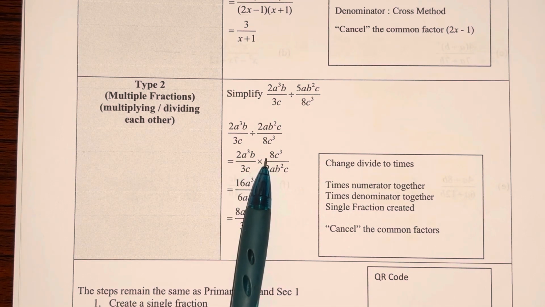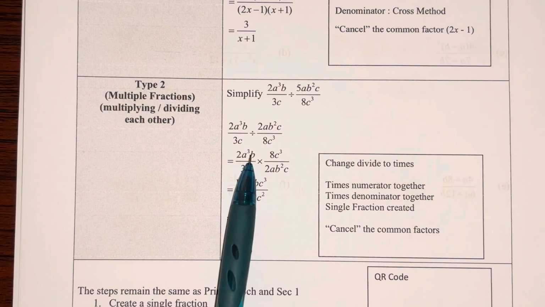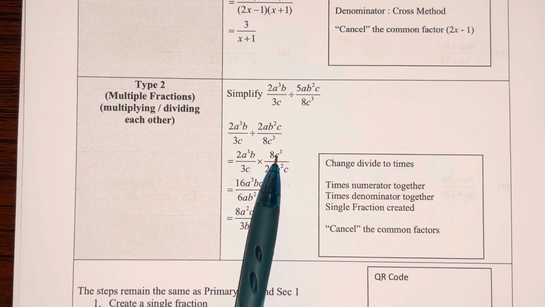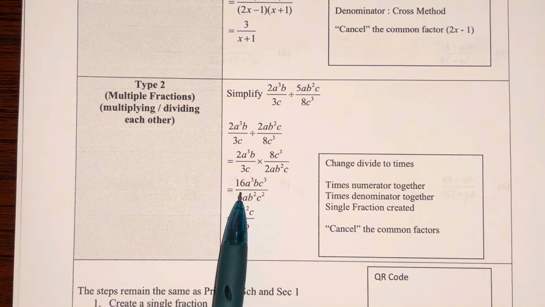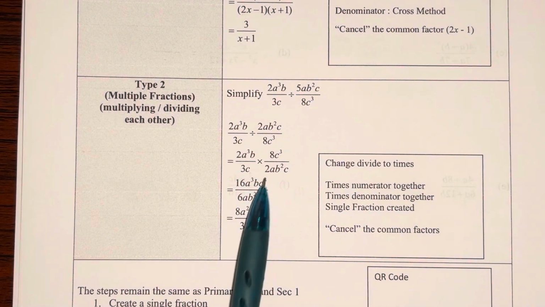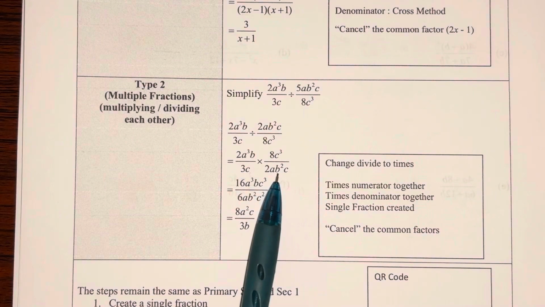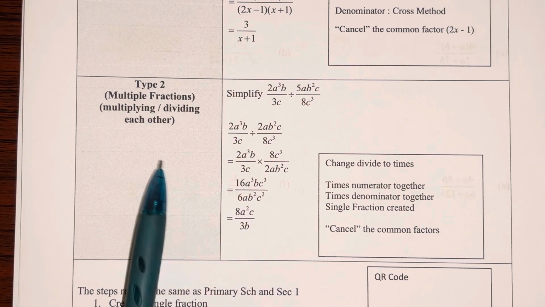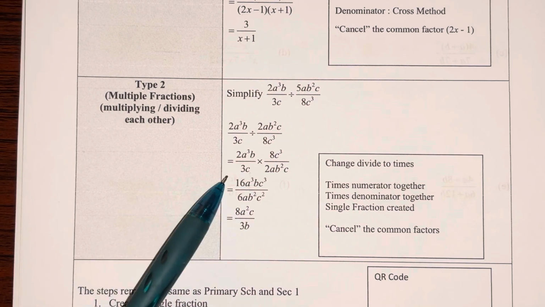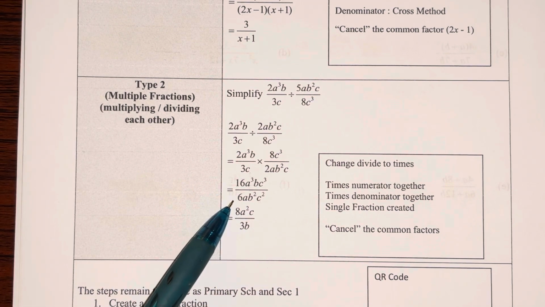So 2 times 8, 16. A times nobody, still A cubed. B, nobody to times, still B. C cubed, still C cubed. For the denominator, 2 times 3, 6. A is still alone, still A. B squared still alone, B squared, but C I can times, so it's C times C, so it's C squared. And at this point, I'm going to start cancelling. I'm cancelling the numbers first, divide by 2, divide by 2.